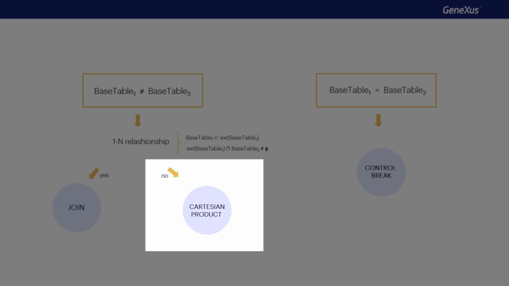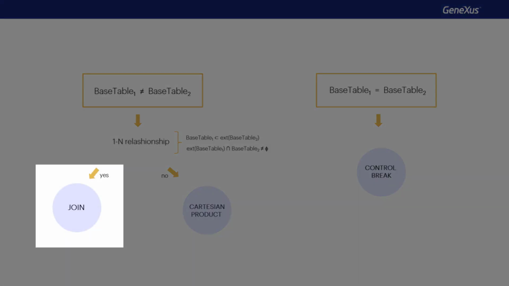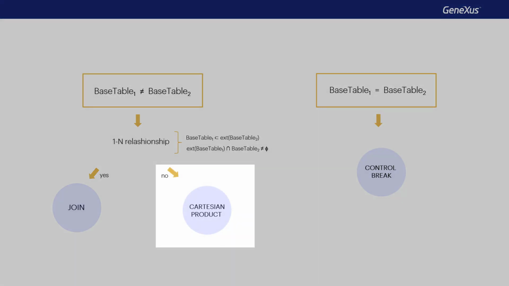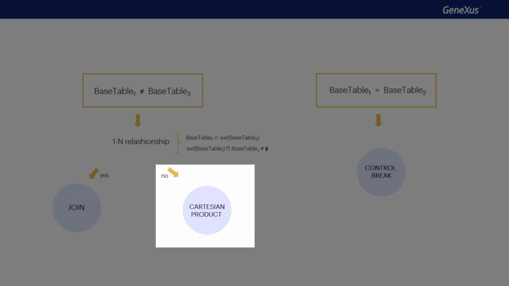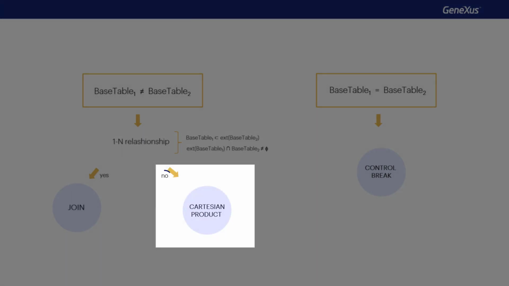If the developer explicitly adds a filter, it'll clearly bring the filtered records. So, there will be a sort of join, but it will not be the automatic join. We say the case is a Cartesian product only from the point of view of the automatic filters that Genexus determines. That is to say, in this case, there's none.